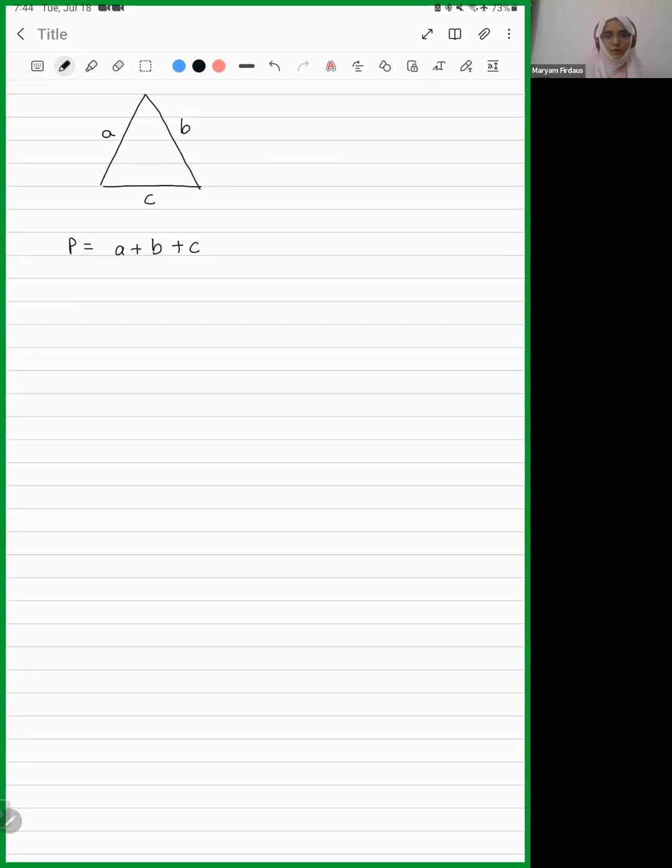Now, for Heron's formula, we use something known as the semi-perimeter. Semi means what? Who will tell me the meaning of semi? Half. Yes, semi means half, like a semi-circle is half a circle. So semi-perimeter is half of the perimeter.